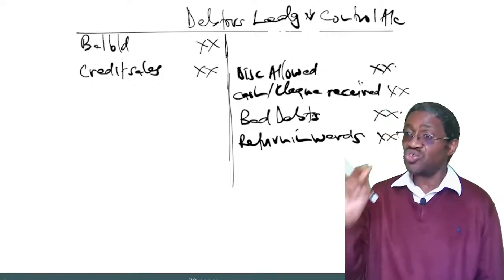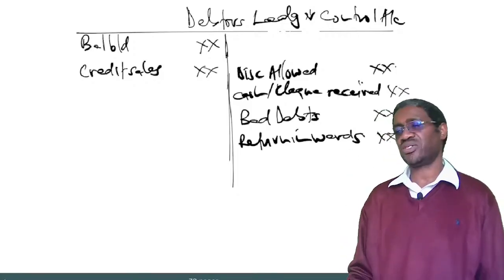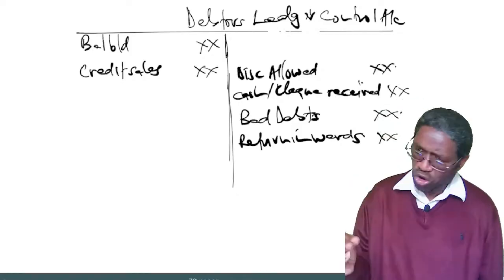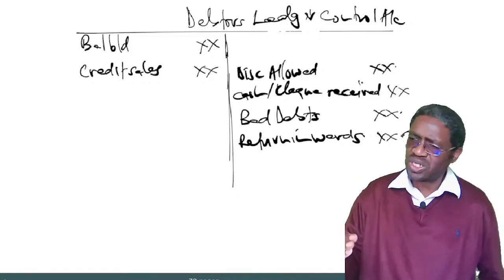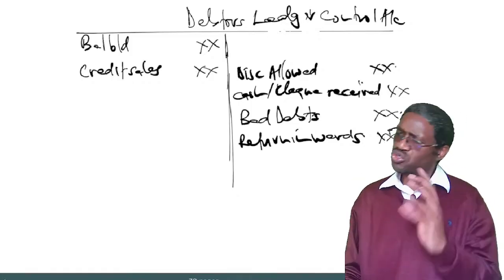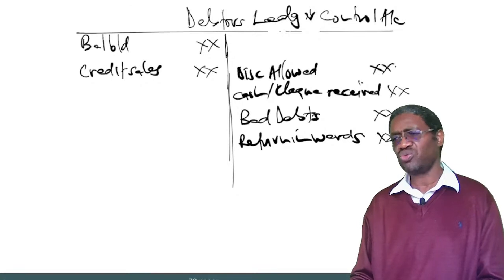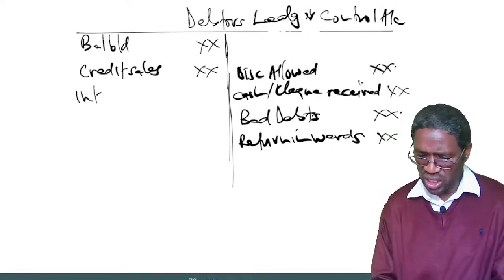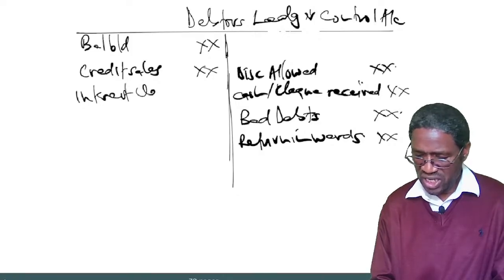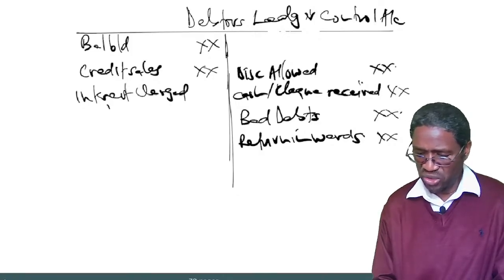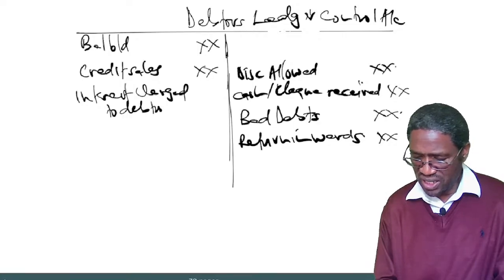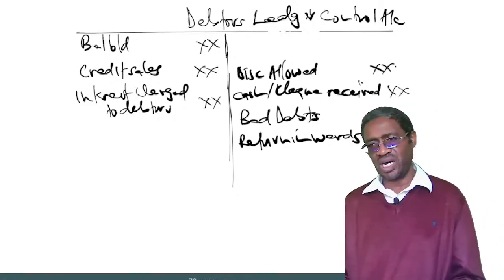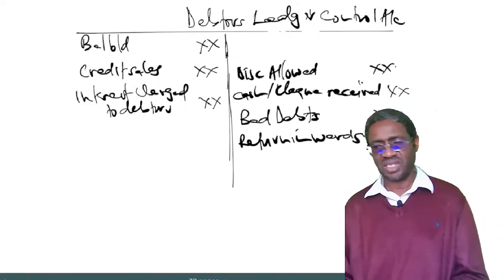You are charging your customer some interest for not paying you in good time. So it is obvious you're going to increase what the customer owes you. To increase what the customer owes you, of course, you debit his account. So with any interest charged to debtors, that is another transaction that should be debited in the debtor's account. Good. Another one.